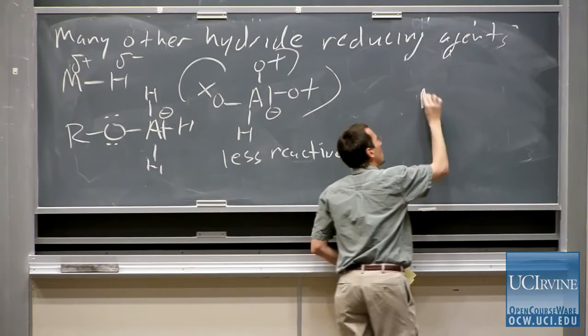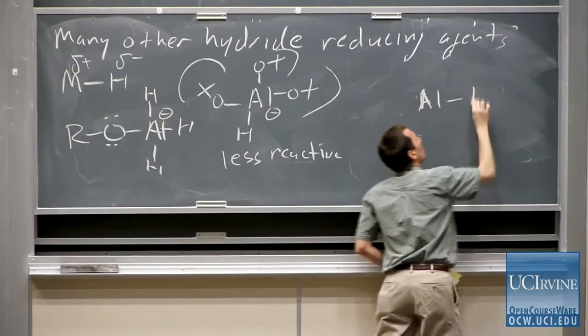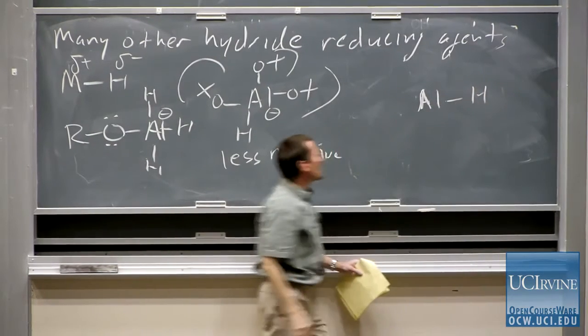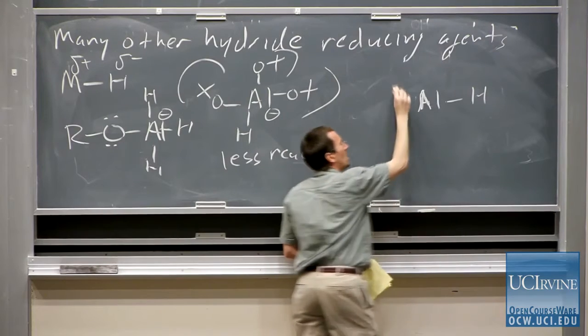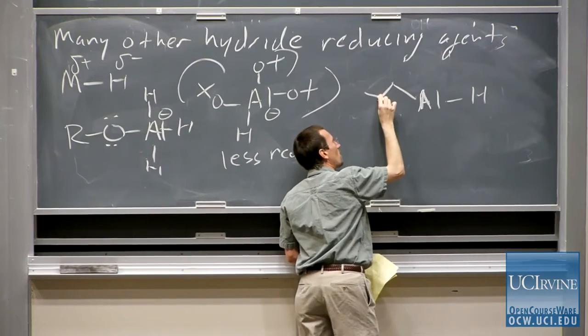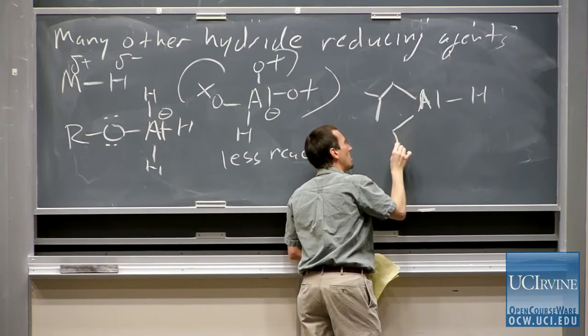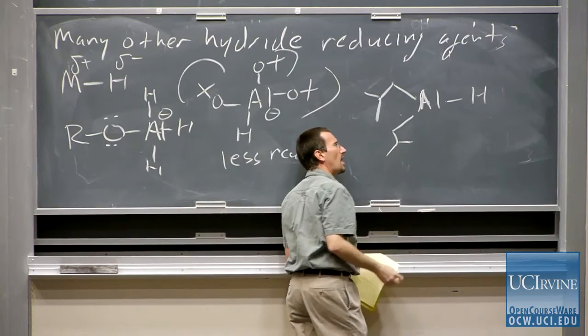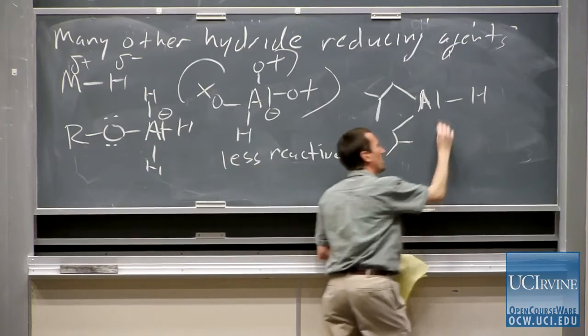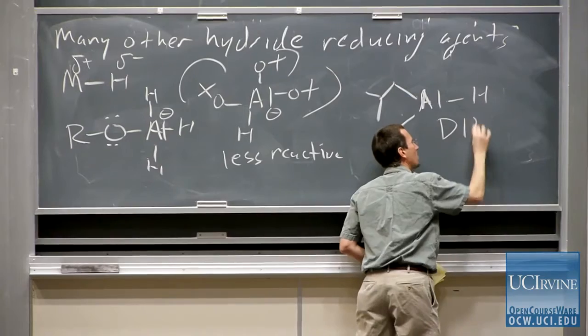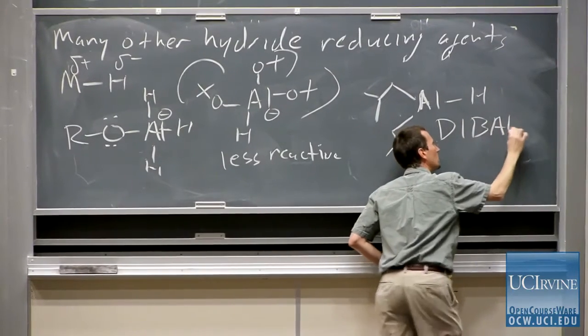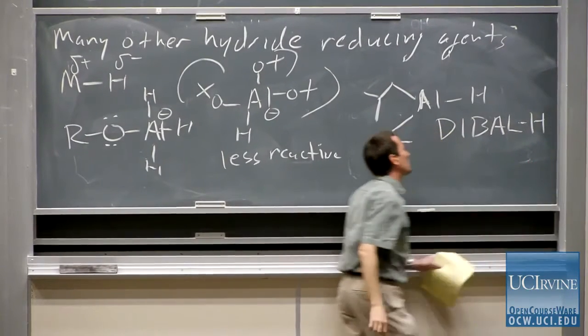Even metals that don't have a full octet can react as a hydride source. Your textbook mentions, and we will talk more about in a moment or later, diisobutyl aluminum hydride, abbreviated DIBAL-H, or sometimes just DIBAL, you will see it.